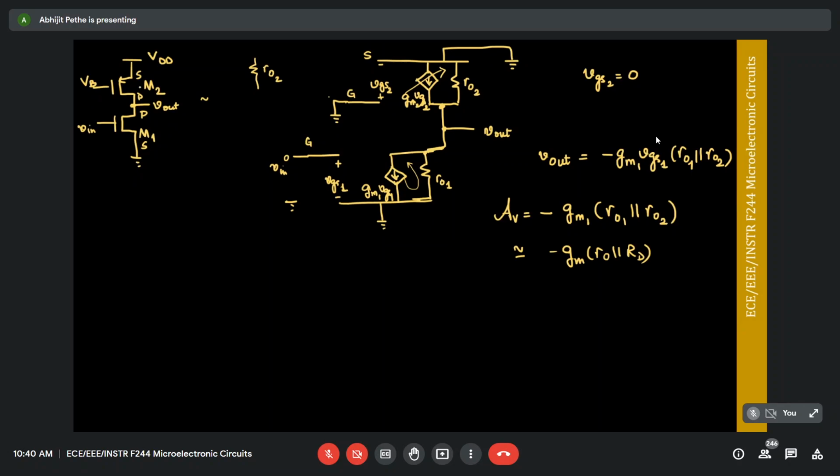But M2 is offering a resistance RO2 to the common source amplifier. So if I look into the drain of the PMOS, I see a resistance of RO2. So I could have easily thought of this as something like this.